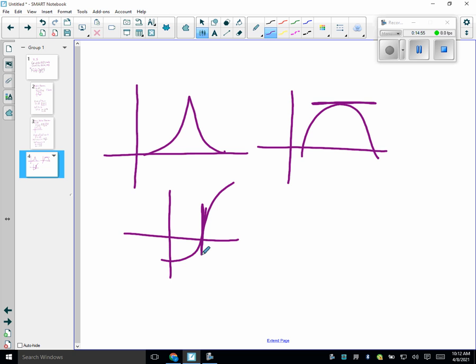That would be a critical number. Now, what do I know about the derivative right there? Is it going to be positive or negative? Positive. Over here it would be negative, right? You all agree with all that?